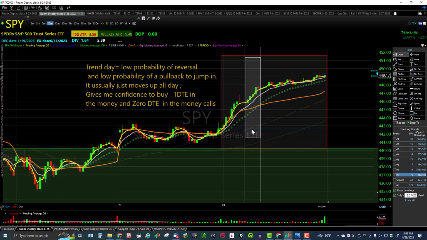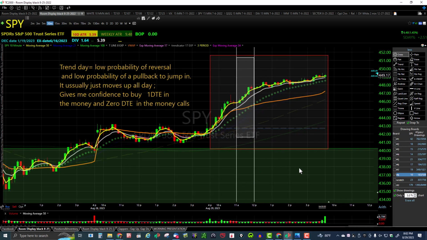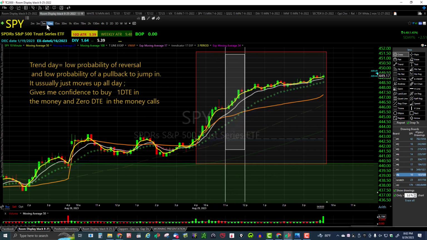And how I identify this is right here, on a 10-minute chart, between the hours of 11 and 12. If price is up over the 3 and the 3 EMA is over the 8 EMA, and all 3 of them are up over VWAP from 11 to noon, 9 times out of 10, I'm in for a trend day.